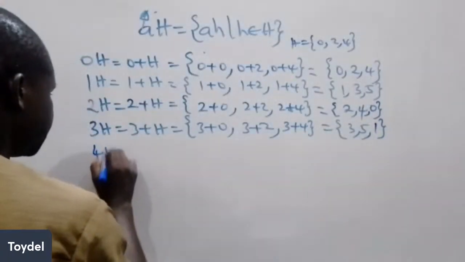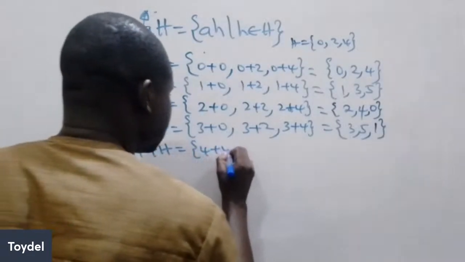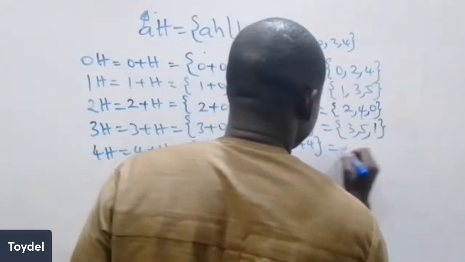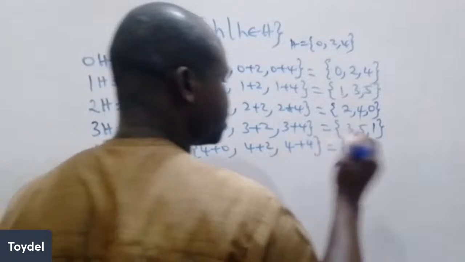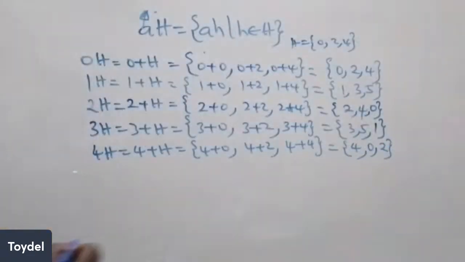Then where we have 4H, we are going to have 4 plus H, and that will give us 4 plus 0, 4 plus 2, 4 plus 4. Here I'm going to have 4 plus 0 is 4, 4 plus 2 is 6, 6 divided by 6 is 1, remainder 0, then 8, this will be 2. Please look at it very well. If you have any question, you can just write in the comment section.